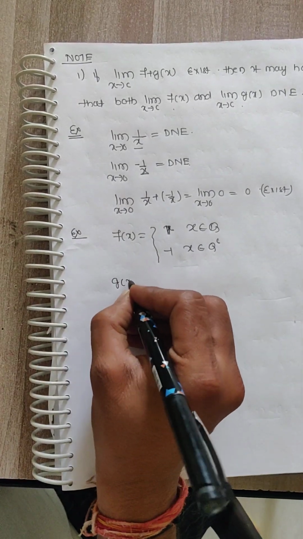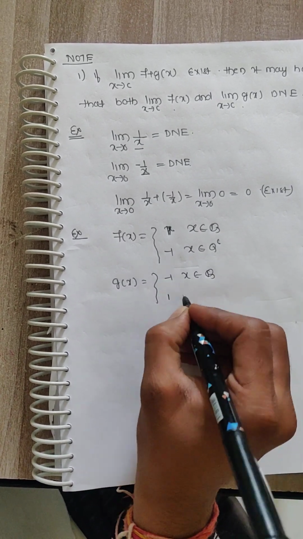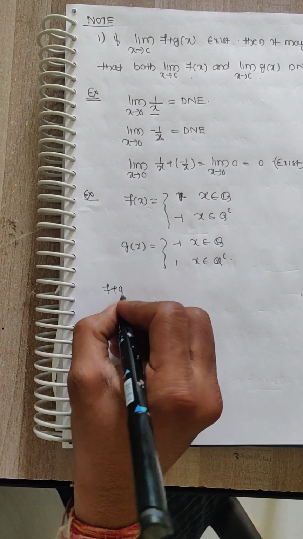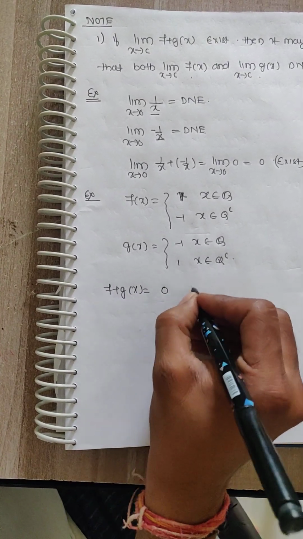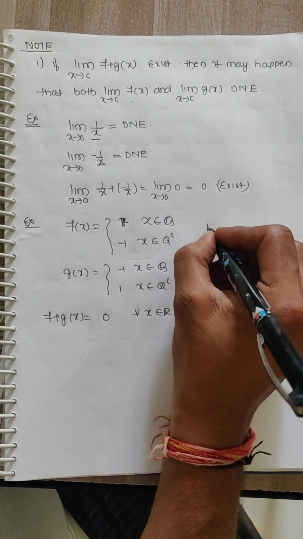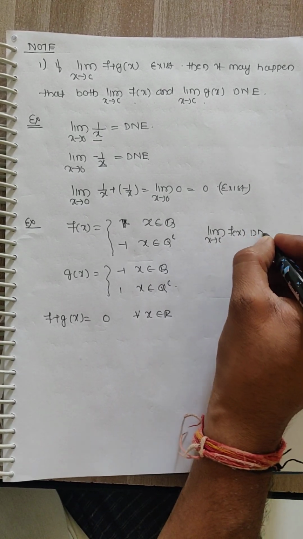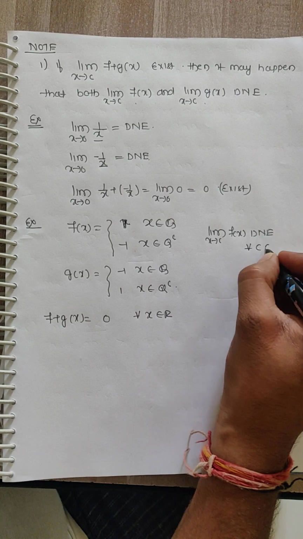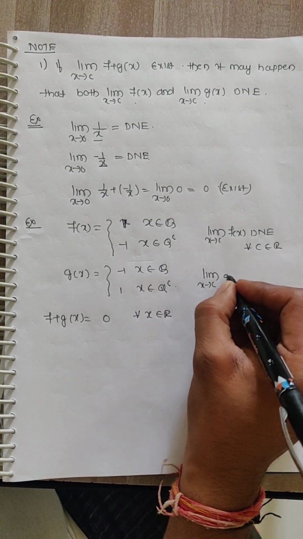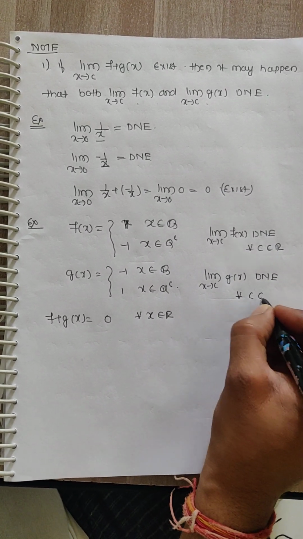And I am taking g(x) is equal to minus 1 if rational, 1 if irrational. What is the sum of these two functions, f plus g of x? It is nothing but 0 for all x belonging to the real numbers. We can see here that the limit as x tends to c of f(x) does not exist for all c belonging to the real numbers. Same, the limit as x tends to c of g(x) does not exist for all c belonging to the real numbers.